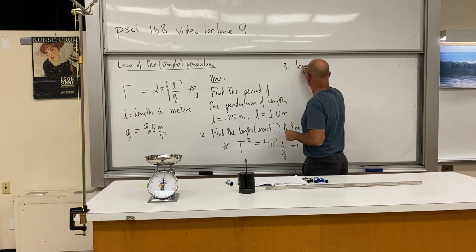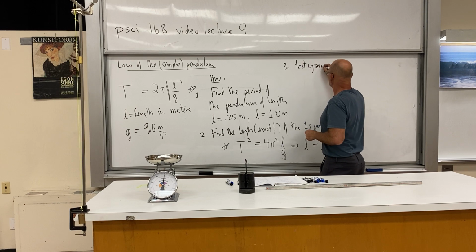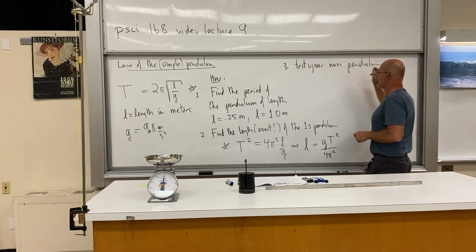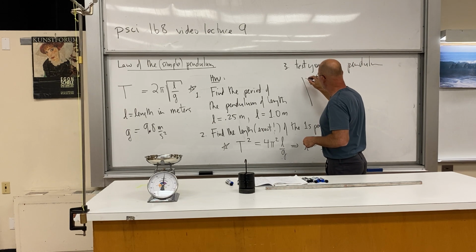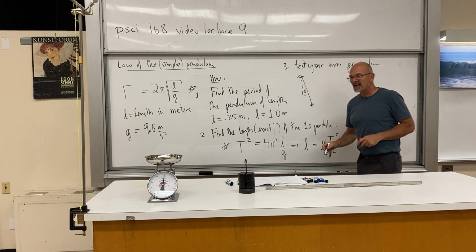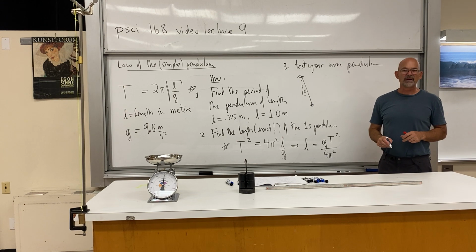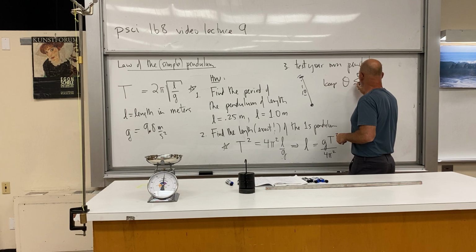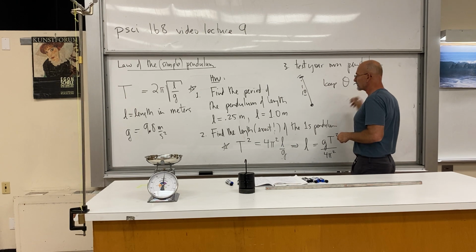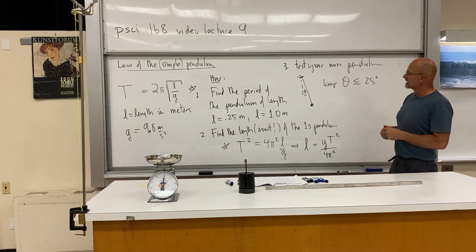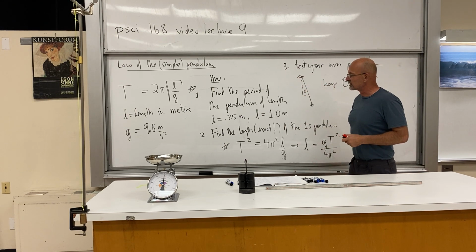Okay, test your own pendulum, and all you need is, like I said, string, tie it off somewhere, you have a weight. Keep the angle, say, under 25 degrees. Keep theta less than or equal to 25 degrees, and you'll have a very accurate clock. Good, so that's a good thing to do.